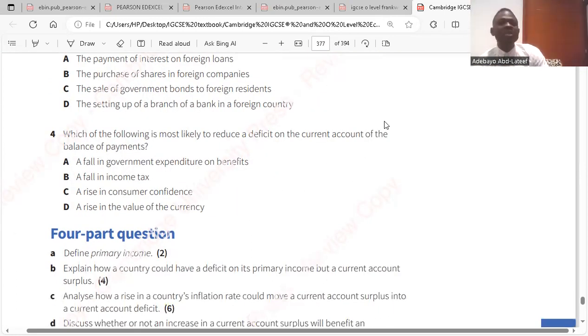Question 4. Which of the following is most likely to reduce a deficit on the current account of the balance of payment? Reduce deficit. A deficit is where exports are less than imports.